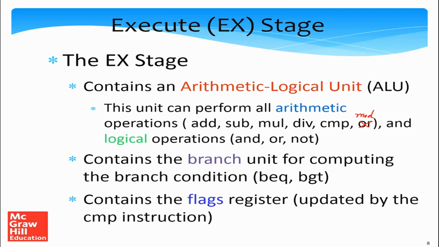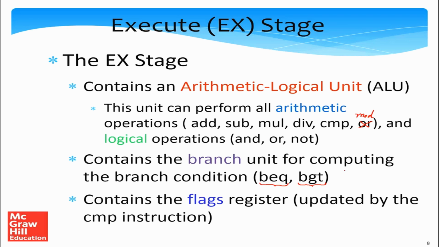The execute stage also contains the branch unit for computing the branch condition. If you would recall, we have two conditional branch instructions in simple RISC called BEQ and BGT. BEQ means branch if equal, and BGT means branch if greater than.